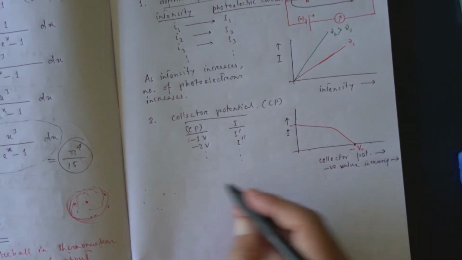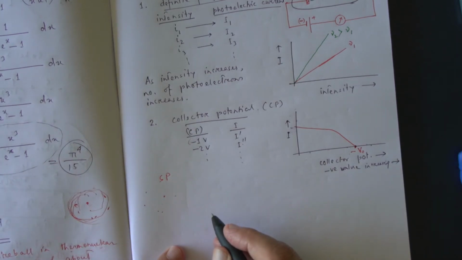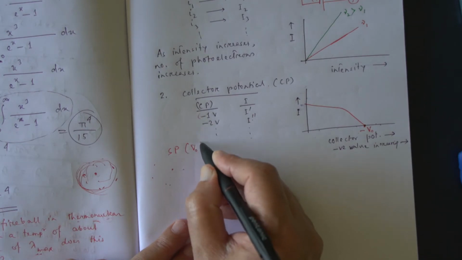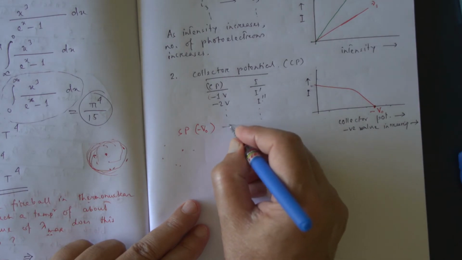So stopping potential, let me write it like this: this potential V naught, this is minus V naught, this is called the stopping potential.